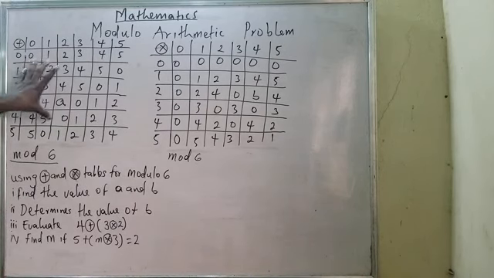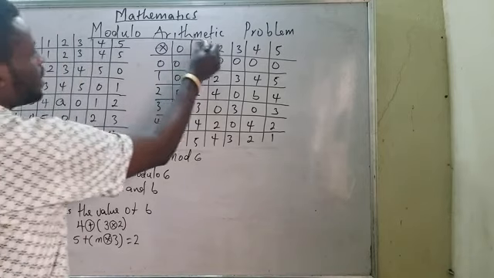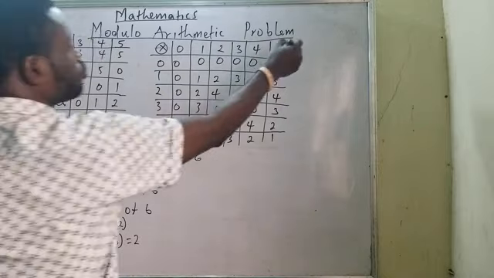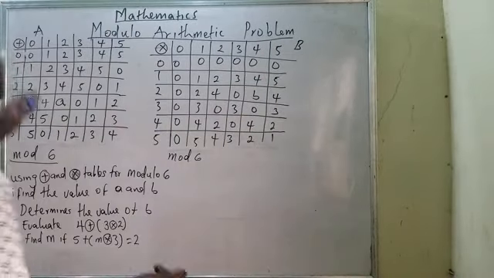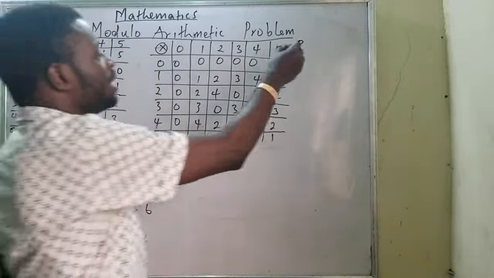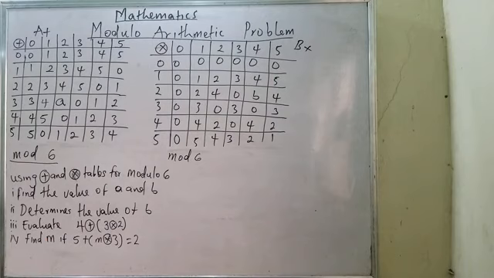Now, this is table 1, and this is table 2. Table A is addition and table B is multiplication. Take note of that, which I've explained in our previous video.